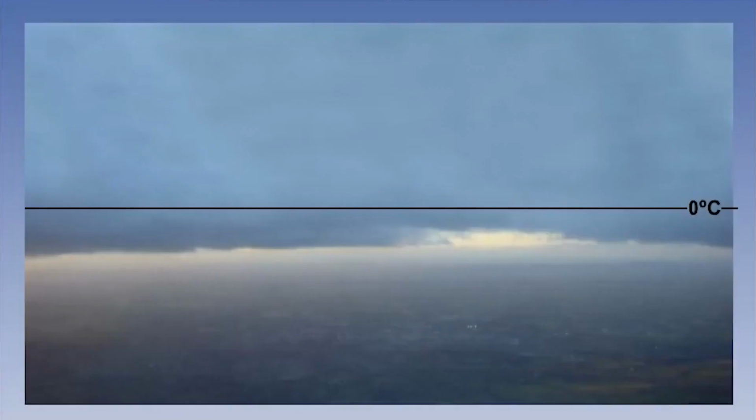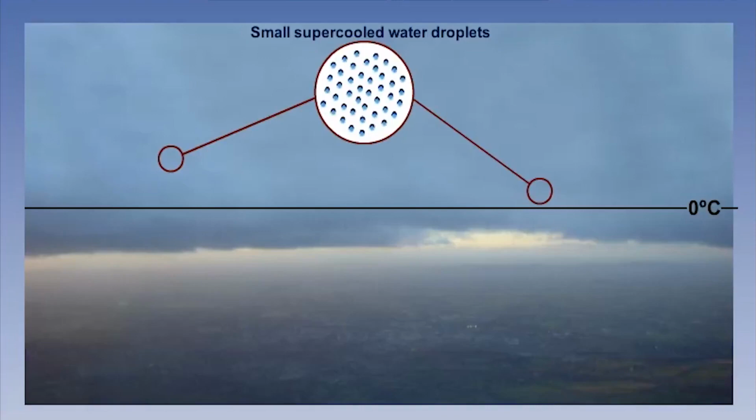In layered cloud, the icing risk is usually much lower because of the lack of vertical support for the cloud and water droplets. Even if the temperatures were suitable for the formation of large supercooled water droplets, the cloud has little capability to support them, and even less capability of supporting large quantities of them.